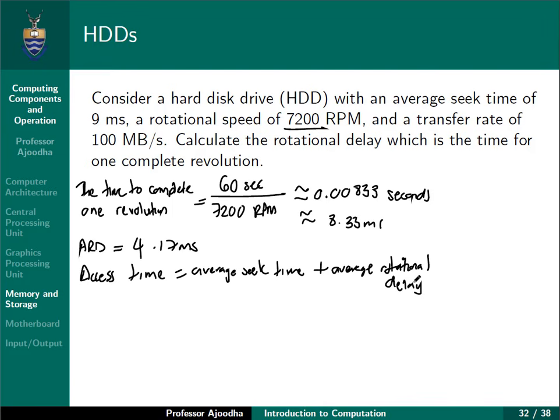For some reason I can't write on that side. So that's going to be about 9 milliseconds plus 4.17 milliseconds, which is about 13.17 milliseconds. So that's basically it. I should have added some more to this question, but the rotational delay.